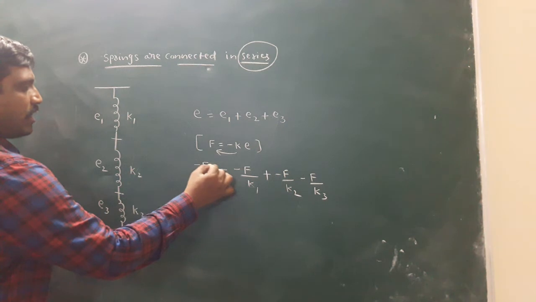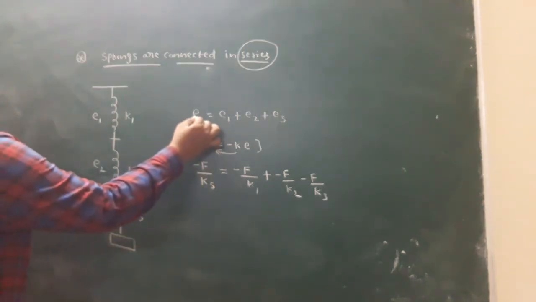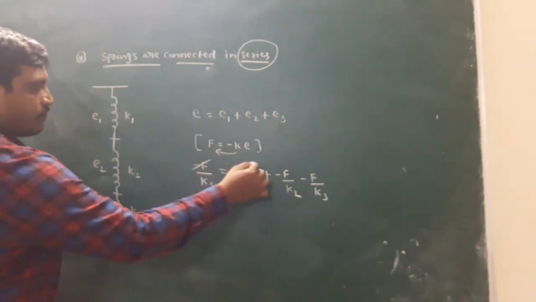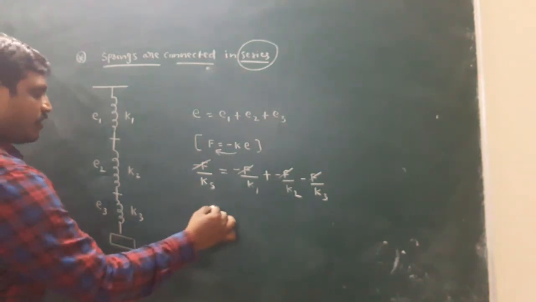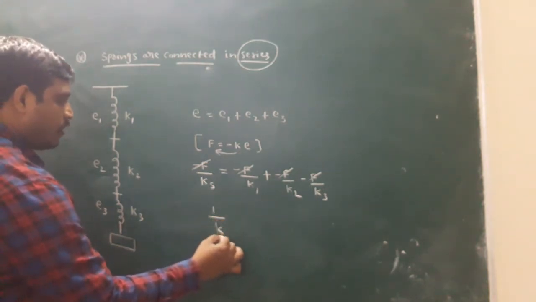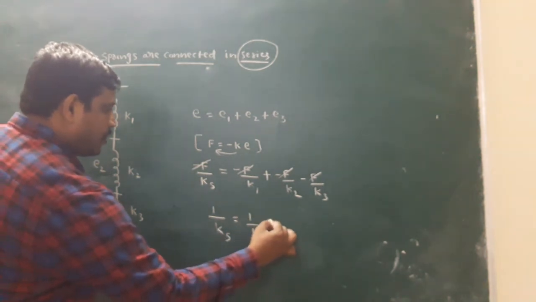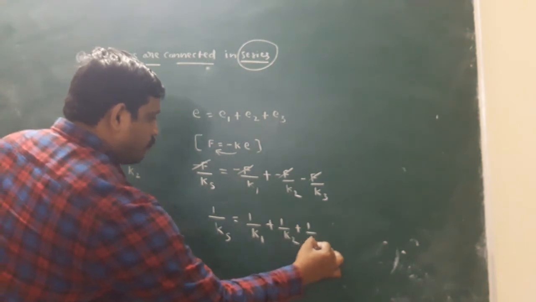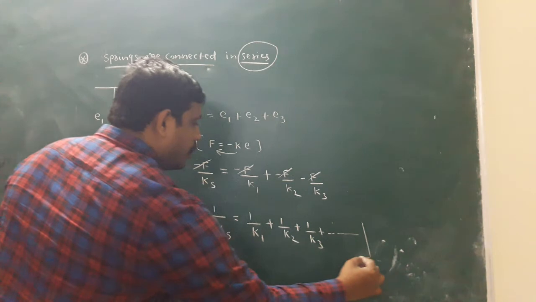E is written as minus F by Ks. E effective, K effective. Minus F, minus F, minus F cancel. Finally we write 1 by Ks equal to 1 by K1 plus 1 by K2 plus 1 by K3 and so on.